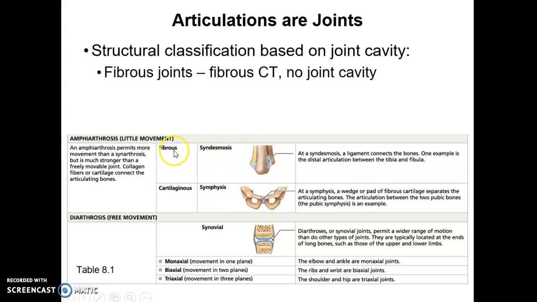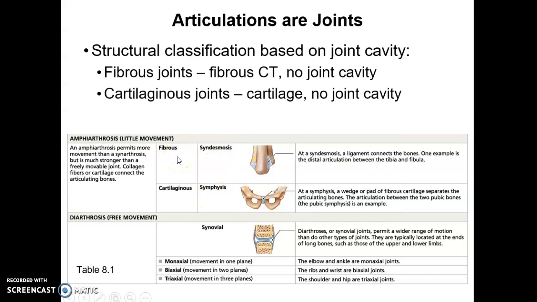And we'll get to this other terminology as we progress here. A cartilaginous joint has cartilage, but no joint cavity, like the pubic symphysis at the anterior junction of your two hip bones. And then a synovial joint has a joint cavity, space inside filled with synovial fluid, which is freely movable. And those are the diarthroses joints.